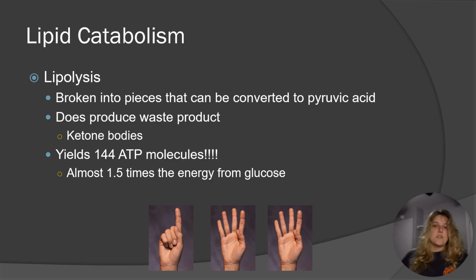Now, this is the basis for the keto diet, if you're ever curious, but it's really kind of hard on your kidneys because you are creating a very acidic environment and your kidneys are being forced to cycle out the excess acidity in your bloodstream. So it's one of those little give and take deals. But you can yield 144 ATP molecules. That's almost 1.5 times the energy you gain from glucose. So that's why it's so phenomenal for weight loss in certain people.